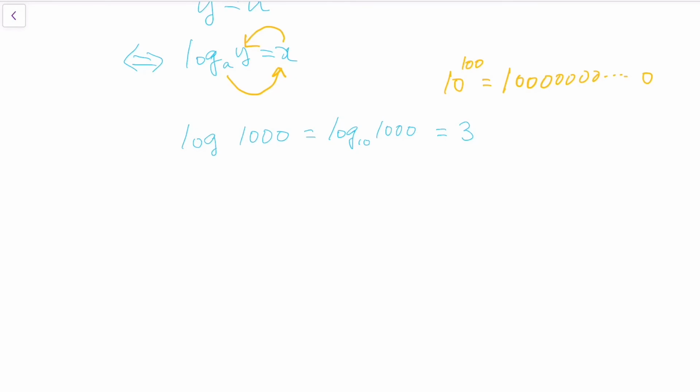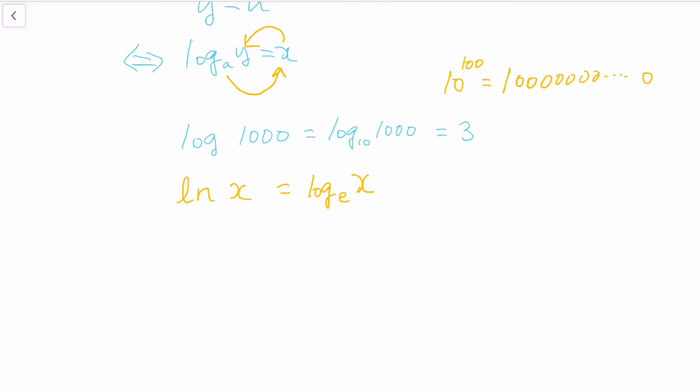But there's another log that is special, and that is called ln. So usually we write like ln something, like ln x. Now ln is still a log, but it's a log of base e. Now what is e?